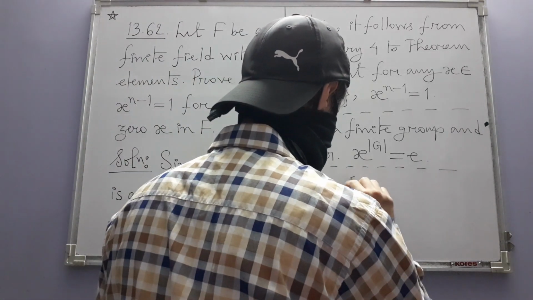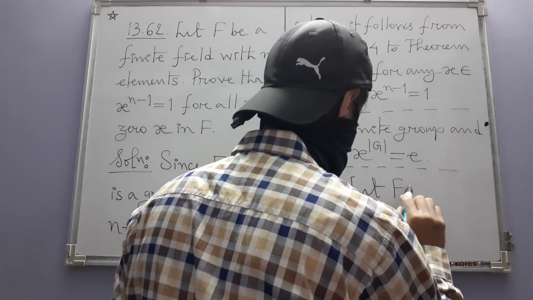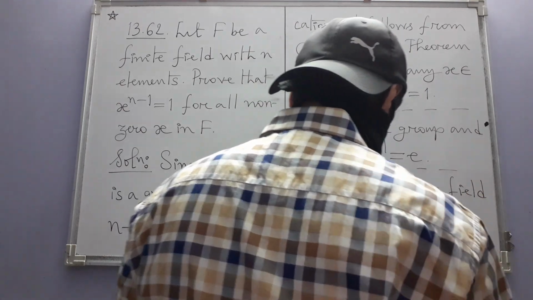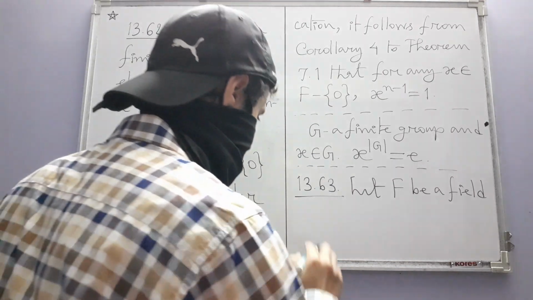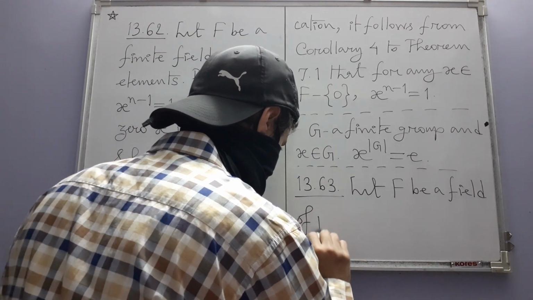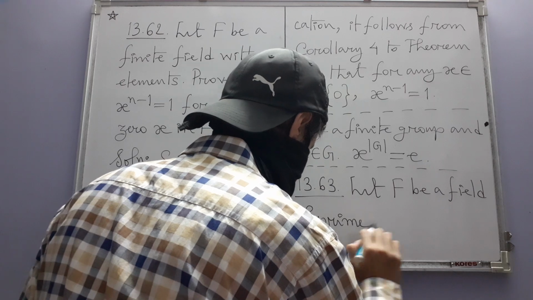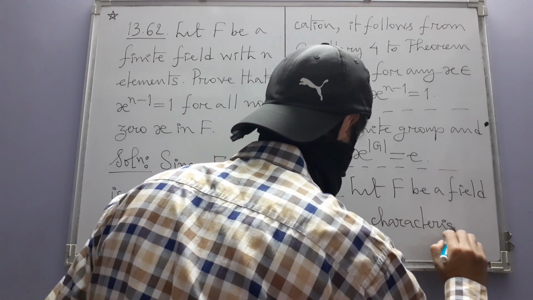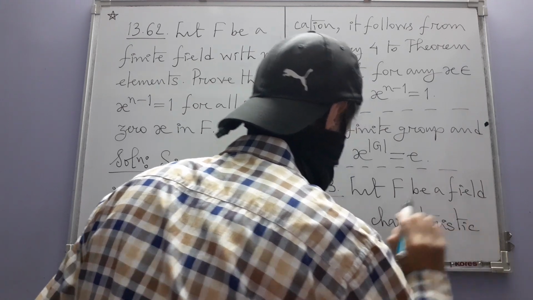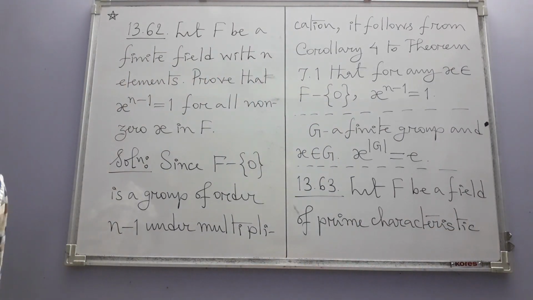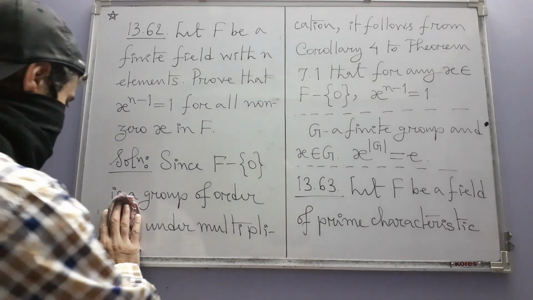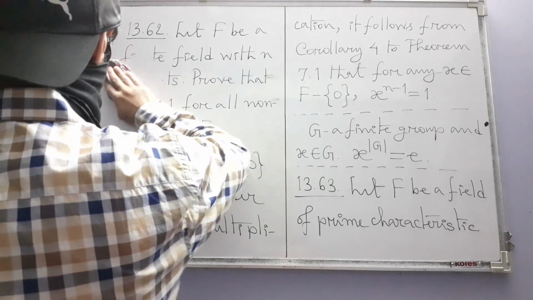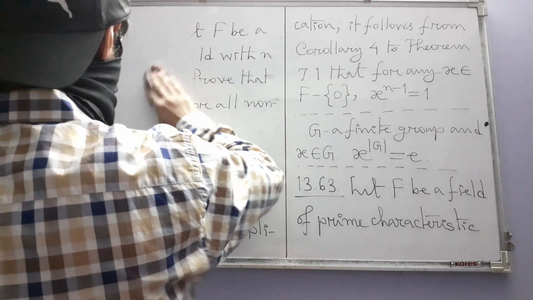Let F be a field of prime characteristic P. We know that every field either has some prime characteristic or it has characteristic 0.